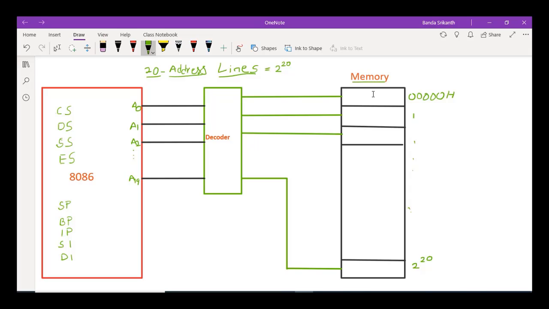Like that, the next address will be 19 zeros and 1. The next address is 18 zeros, 1 0. Then the next address is 18 zeros, 1 1. Like that it keeps going on.